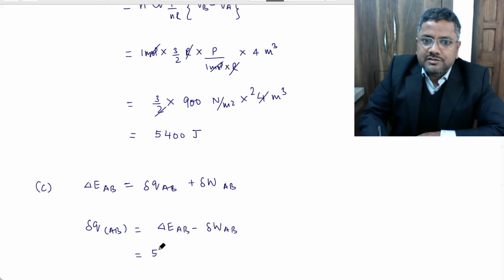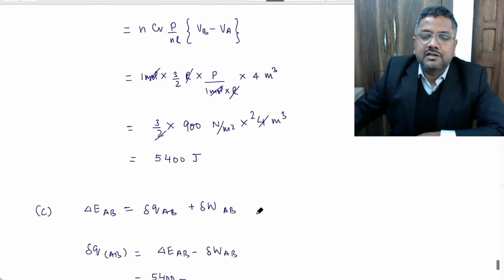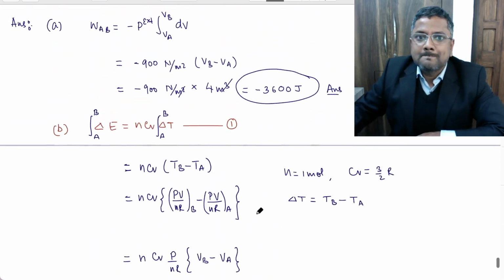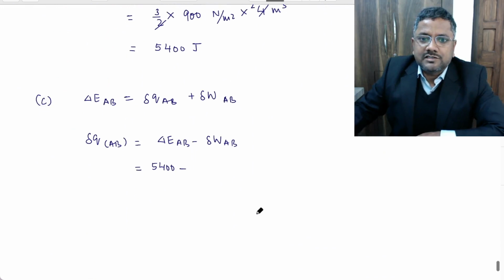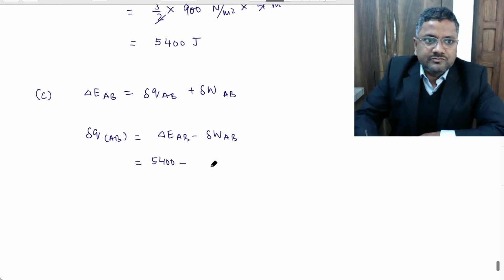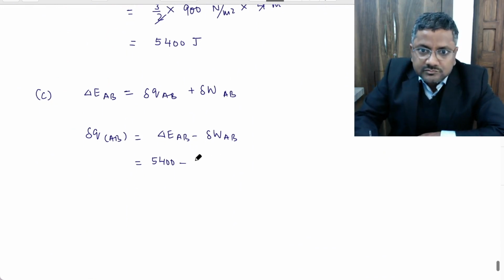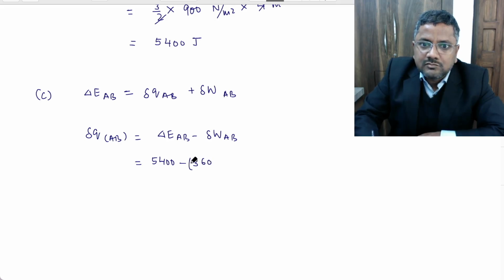So this is 5400 minus W AB, and we have calculated W AB as minus 3600.